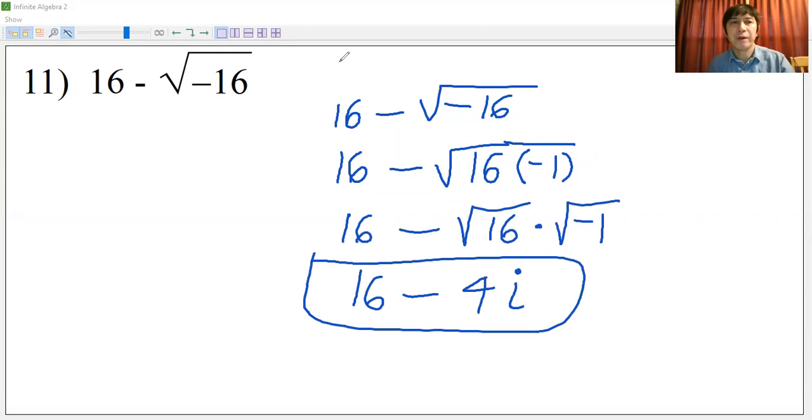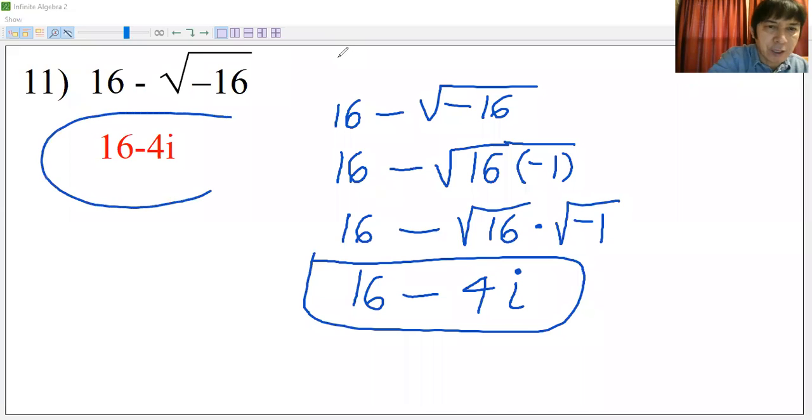So the simplified version is 16 minus 4i. And we shall verify that from here. You can see the red answer, so we're there, 16 minus 4i. Now, you cannot add anymore the real number and the imaginary number. That will be two separate terms. So that goes to our number 11.